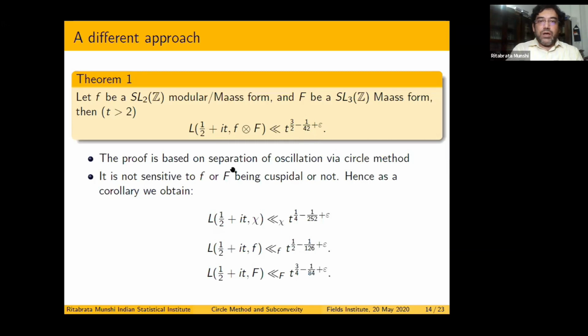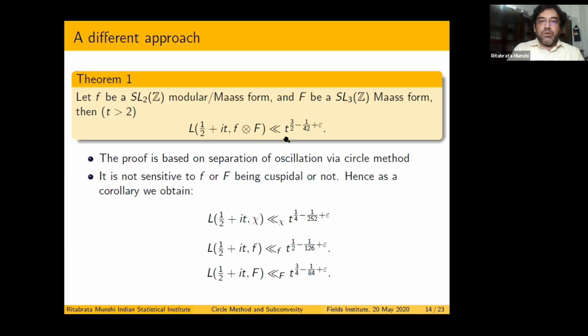The approach is slightly different. We are not trying to compute moments. Actually computing a moment is a more difficult job than proving subconvexity. As we'll see, I'll give a complete proof of how to derive this bound.